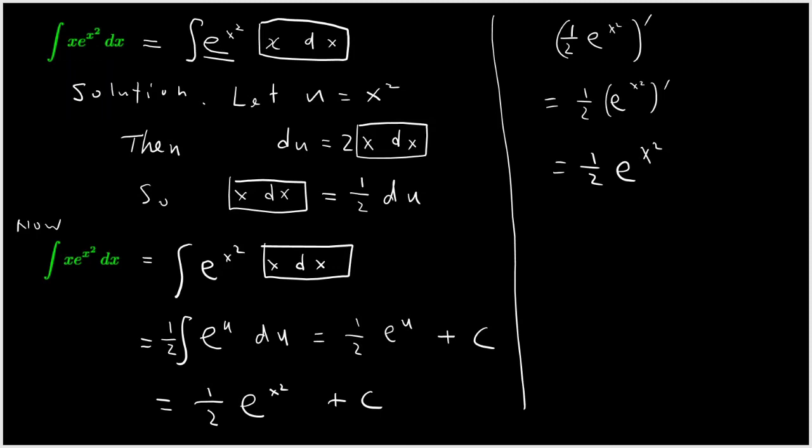You are not done yet. You need to differentiate the inside function. You differentiate x squared, so you have 2x, and the 2 and 2 cancel. So you see the derivative of the right hand side is equal to x times e to the power of x squared. So your answer is right.